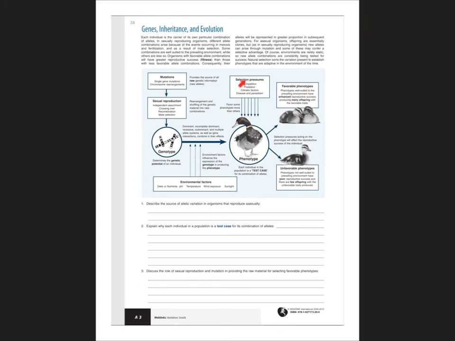As conditions change, the selection pressure changes. Natural selection starts to put pressure on the population. Those with the right combination of alleles, with the right phenotype, survive, and those that don't.